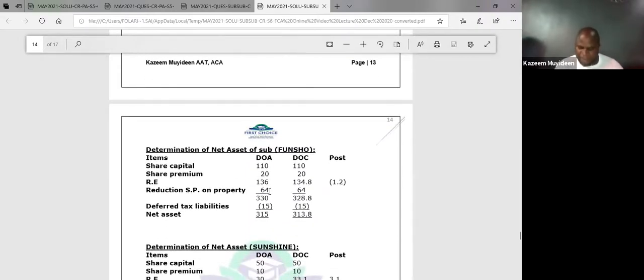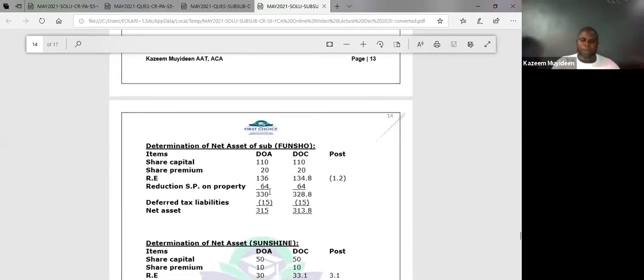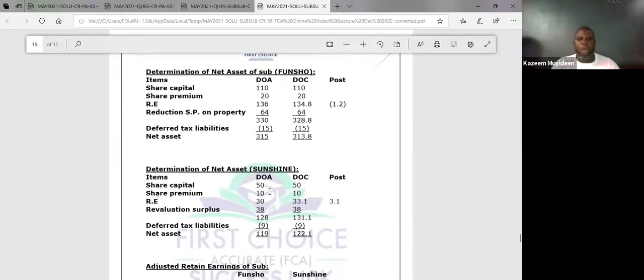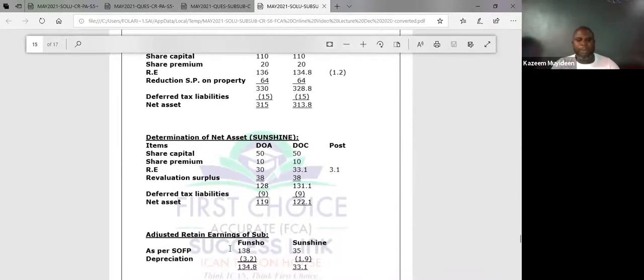If we times 5% of 64 cost per annum, it's charging 5%. 64 times 0.05 will give you the 3.2, which I will credit the PPE and debit the source account with 3.2.